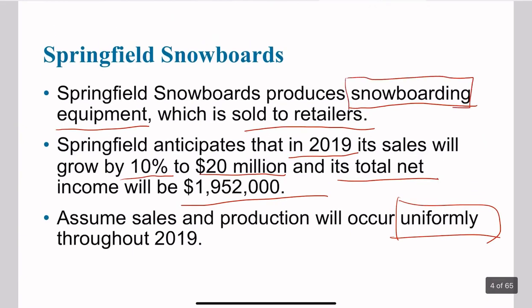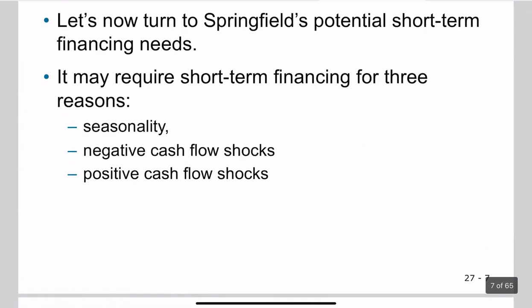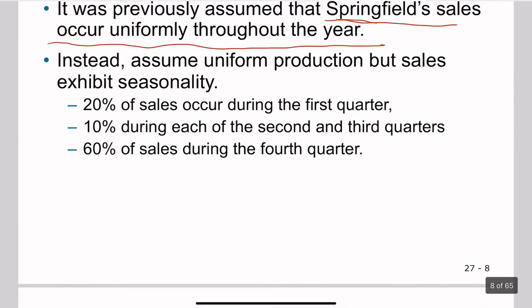So you can see that there should be seasonality in this firm's sales, right? So basically, you can imagine that in summer, the firm's sales should be lower, and in winter, the firm's sales should be higher, right? So now let's consider this more realistic case.